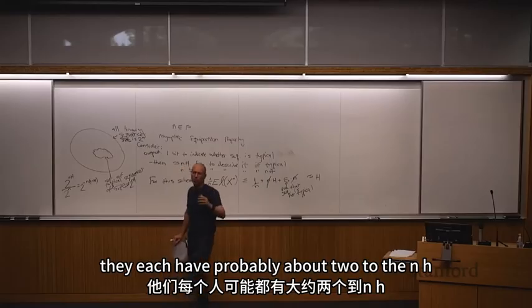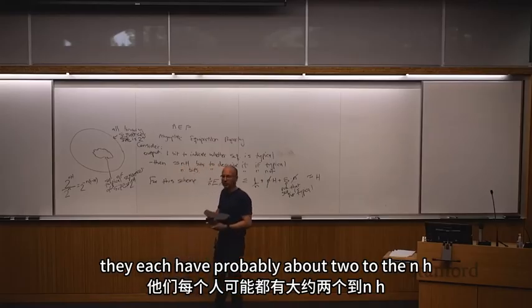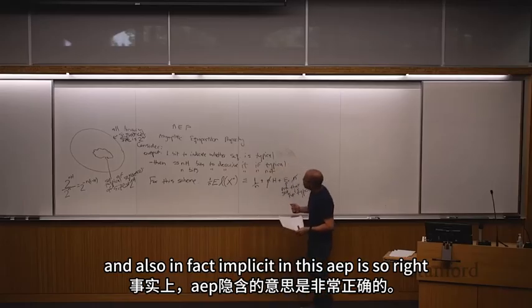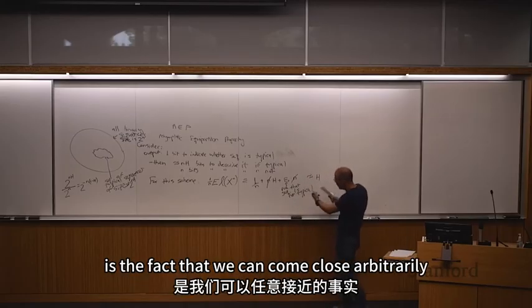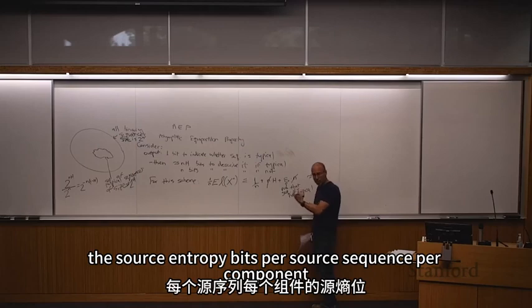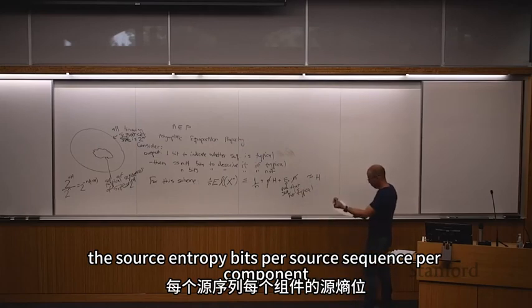They each have probability about 2 to the minus nh. Also, implicit in this AEP is the fact that we can come arbitrarily close to compressing with no more than essentially h, the source entropy, bits per source symbol.